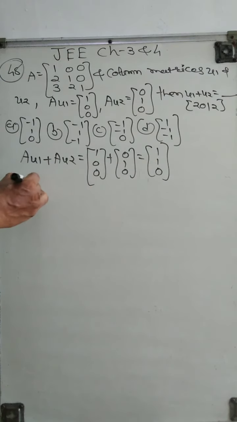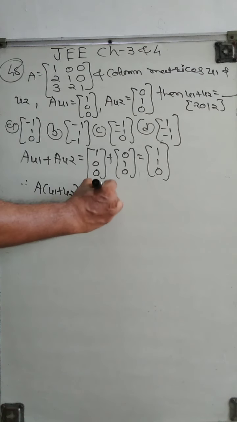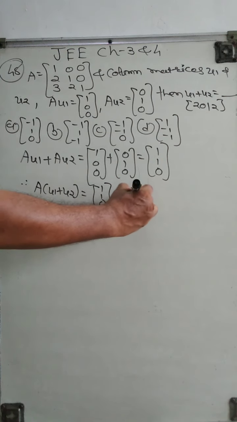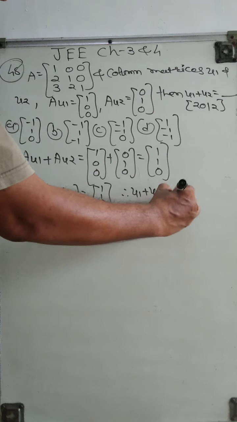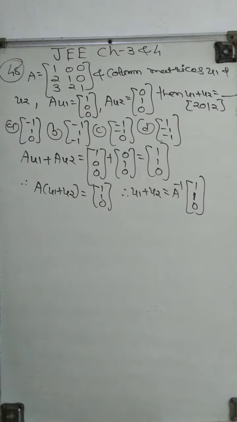Taking A common, A into bracket U1 plus U2 is equal to 1 1 0. Therefore, U1 plus U2 is equal to A inverse into 1 1 0. So we just find A inverse and then we find the answer.